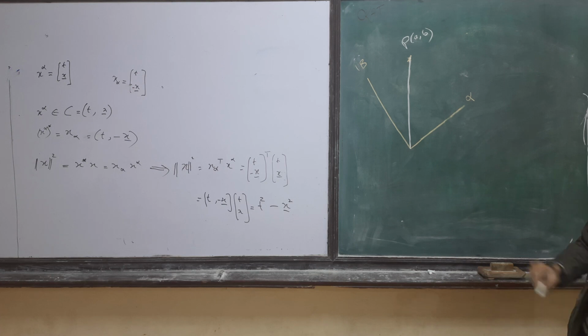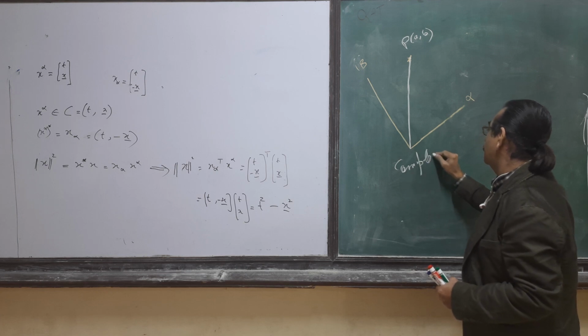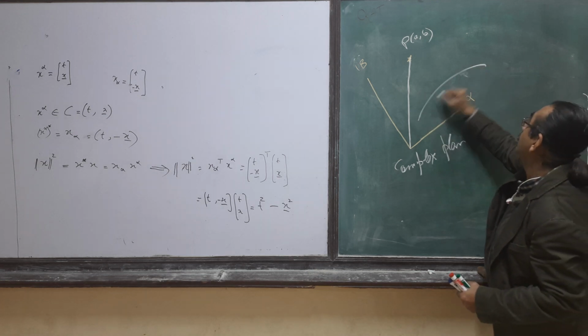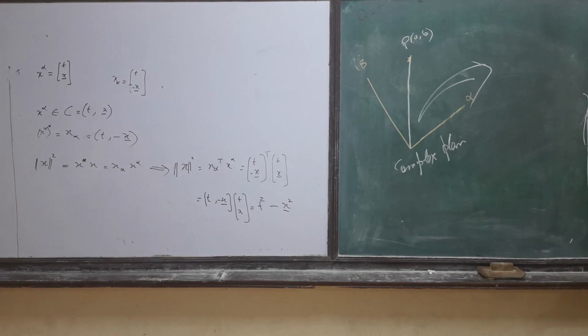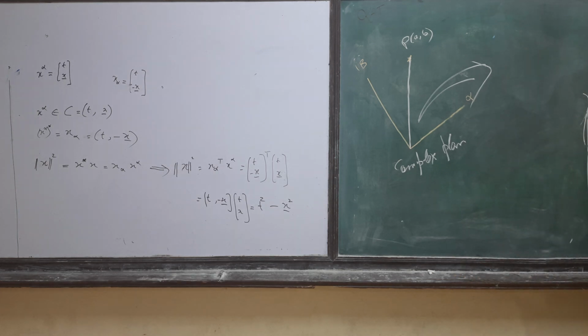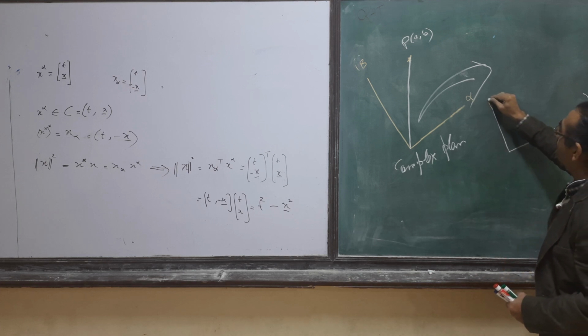This is the complex plane, and this plane is isomorphic to, if we say this is X and this is T. I think it is not clear in the blue color, so I will use white.